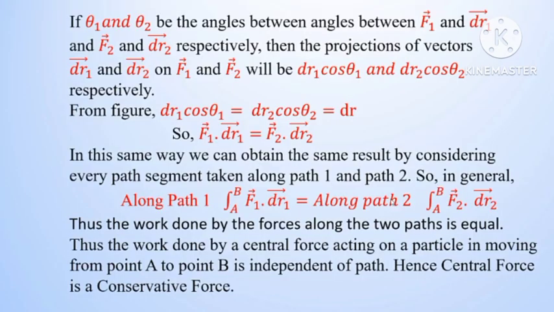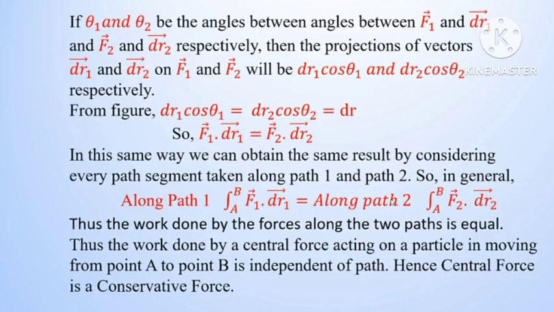Next, if theta 1 and theta 2 are the angles between F1 and dr1 bar, and F2 and dr2 bar respectively, then the projections of vectors dr1 and dr2 on F1 and F2 will be dr1 cos theta 1 and dr2 cos theta 2 respectively.